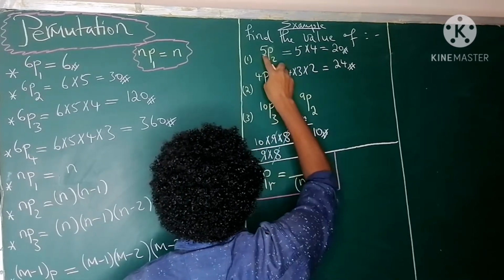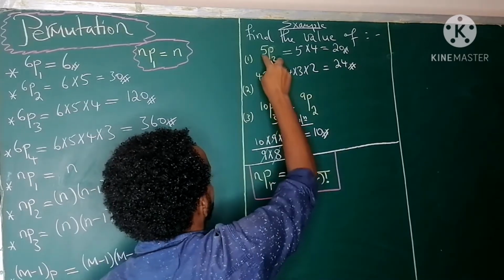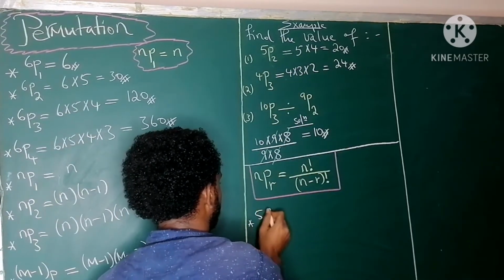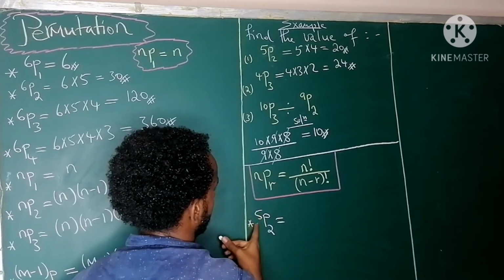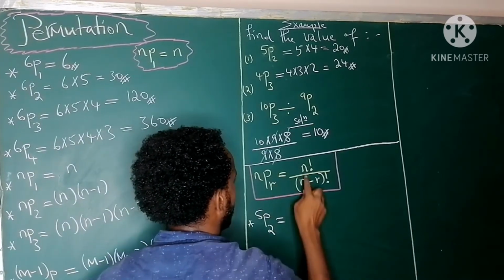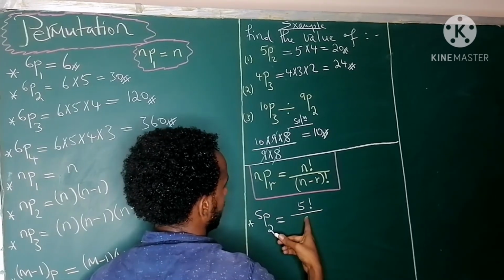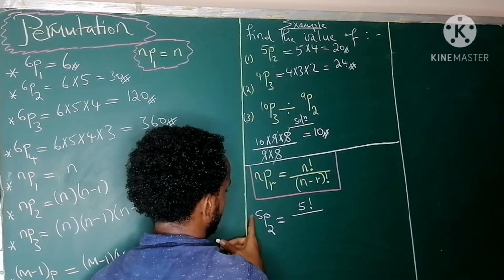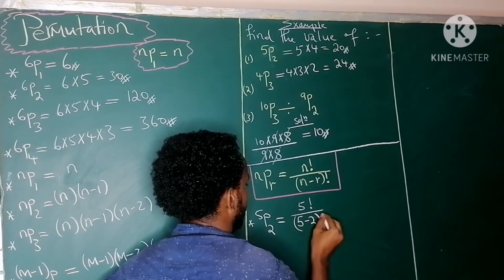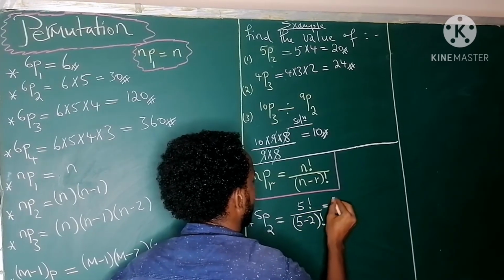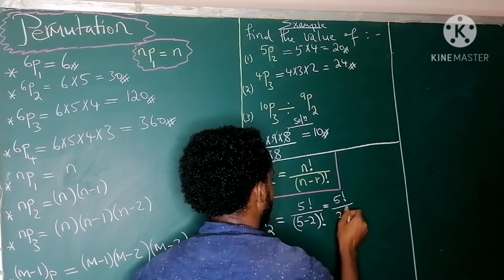Keep in mind that 5P2 we can solve this way, or we can apply the formula. How do we apply the formula? For 5P2, n is 5, r is 2. Let us put them in the formula: n factorial, which is 5 factorial, divided by the difference between them. I subtract them: 5 minus 2 is 3. So this is 5 factorial divided by 3 factorial.